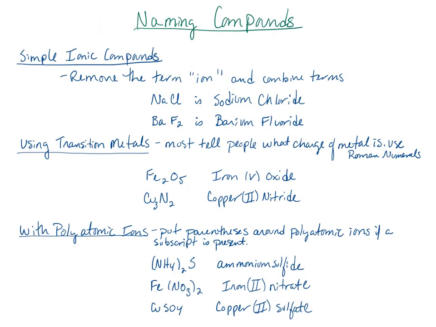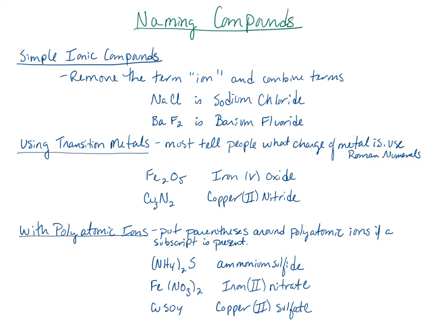So next we have to name a lot of different types of compounds that I just showed you how to make. So every formula has its own naming system. These are things that you've got to repeat to kind of understand what happens where.